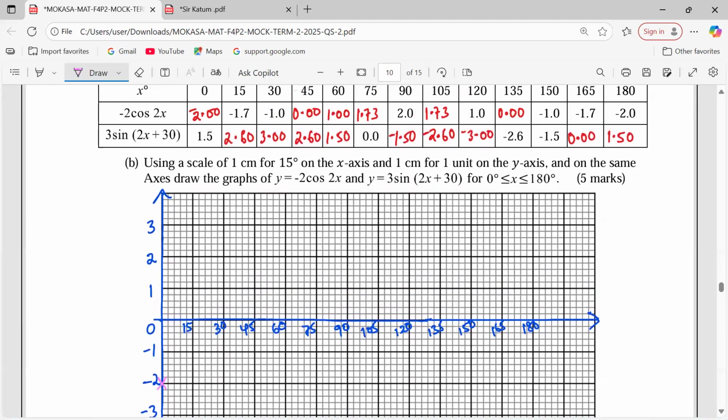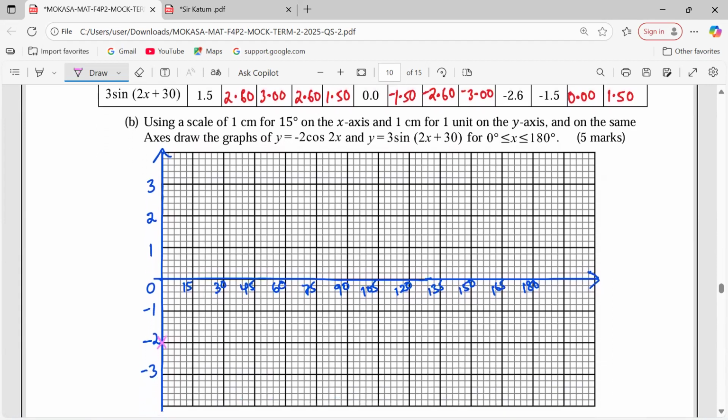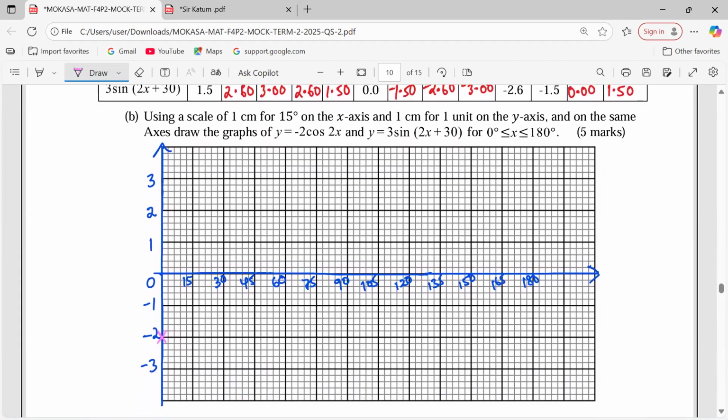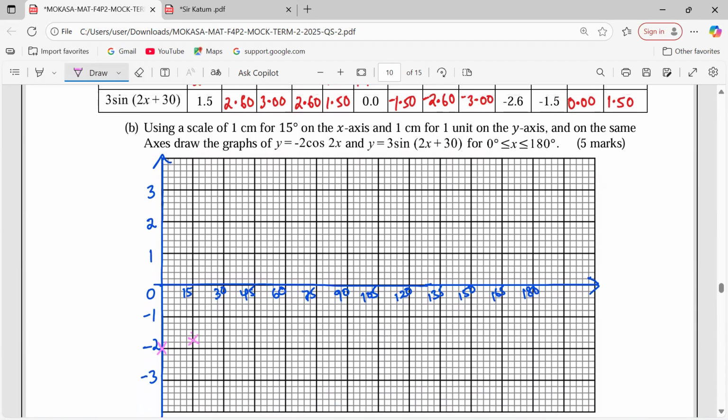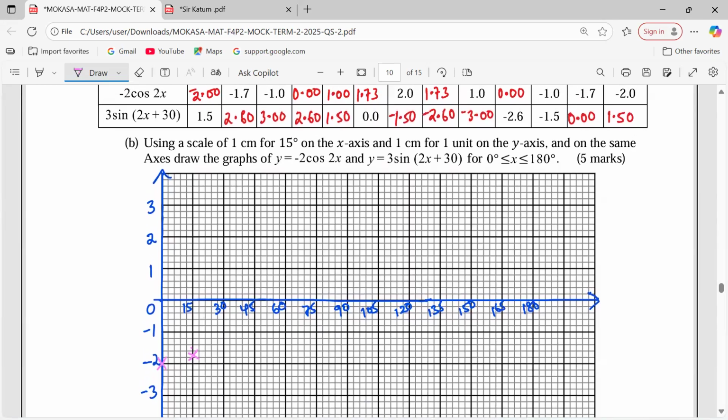The next one is 15, -1.7. 1.7 should be, remember, that is just 1.8. 1.7 will be at some point there.